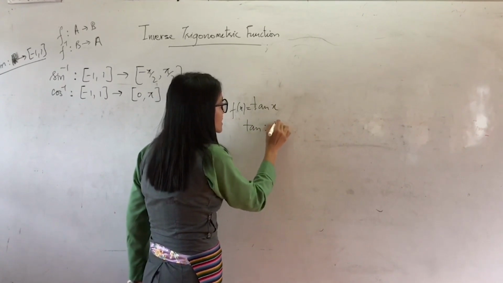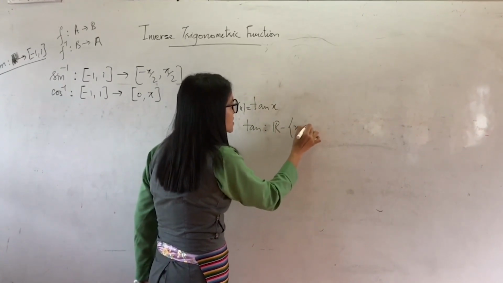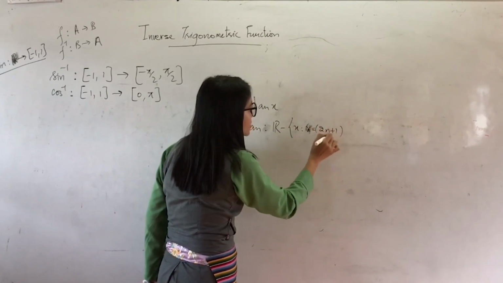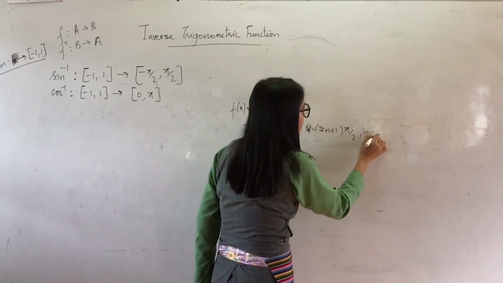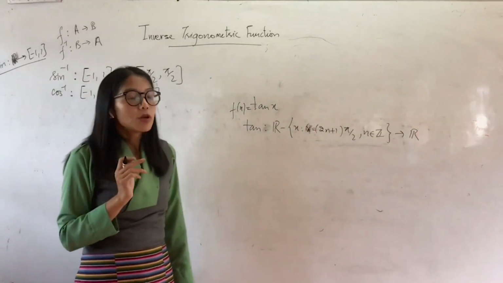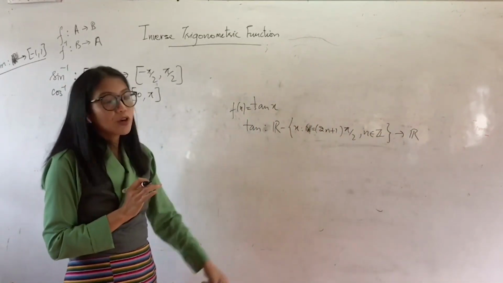You know, it is the set of all real numbers excluding all such x where x equals (2n+1)π/2, where n is some integer, and its range is the set of all real numbers. So this is the domain and range of tan.